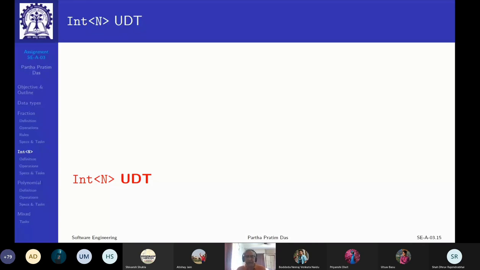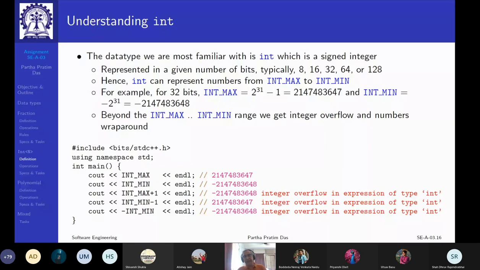So you know the data type int, which is a signed integer represented in a given number of bits, which is machine dependent, which you cannot control: 8-bit, 16-bit, 32-bit, even up to 128-bit. It can represent numbers from the largest, int max, to the smallest, int min.